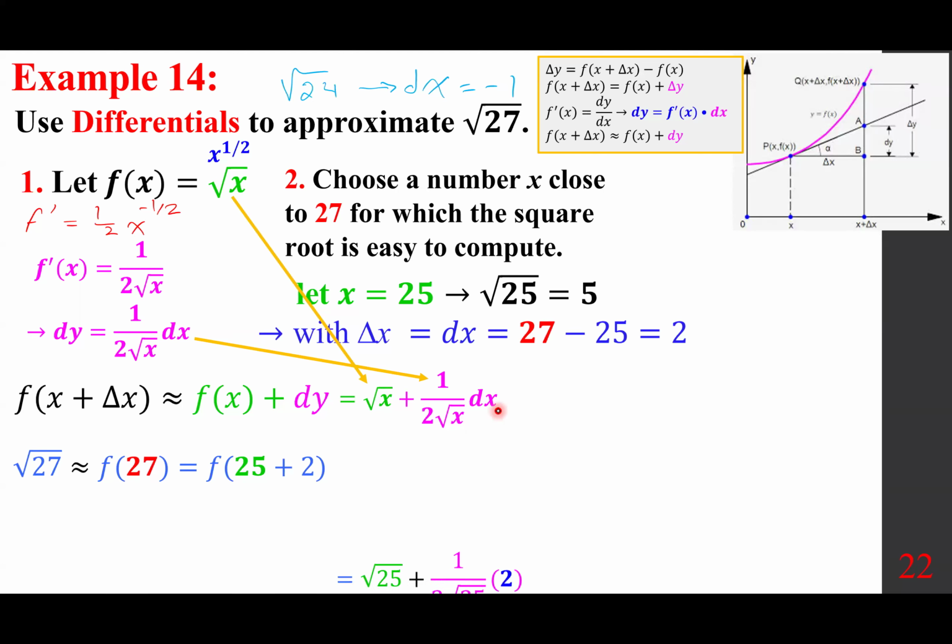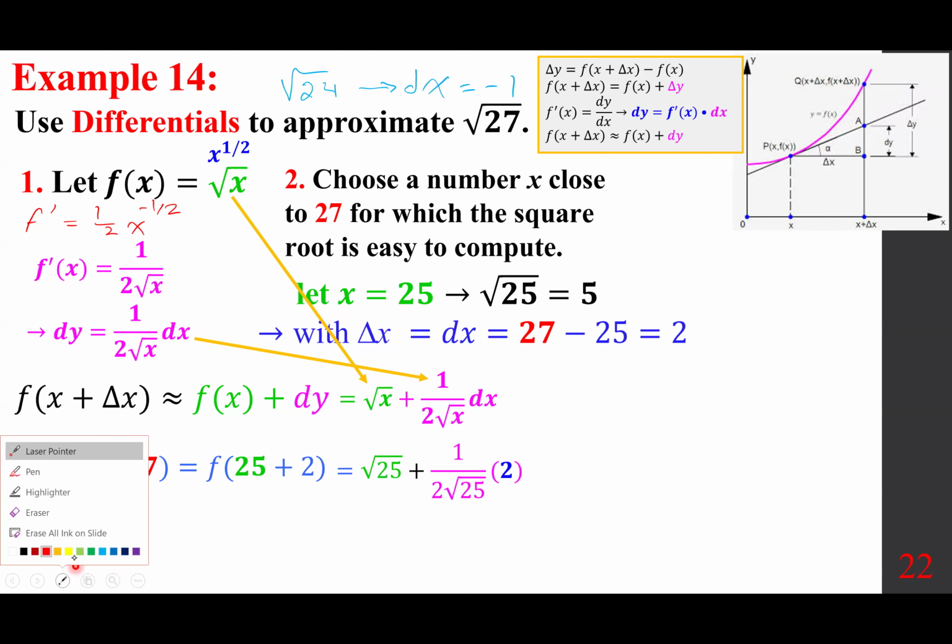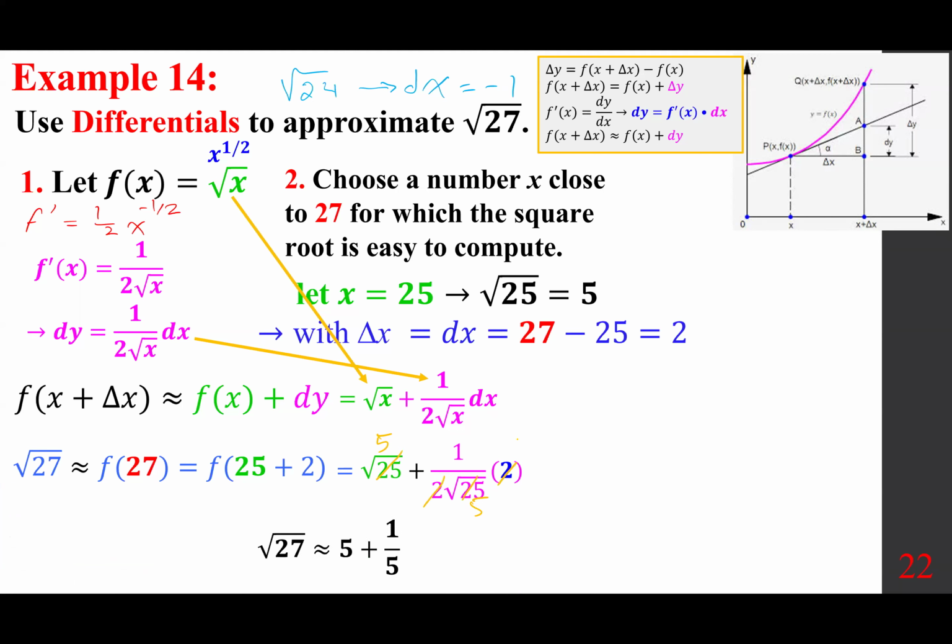Of course, square root of 25 is 5. This is 5. These two cancel each other. 5 plus 1/5, 5 and 1/5, or 5.2.